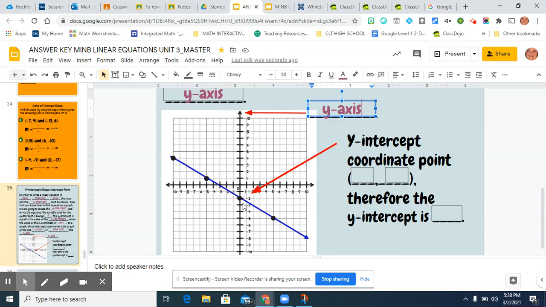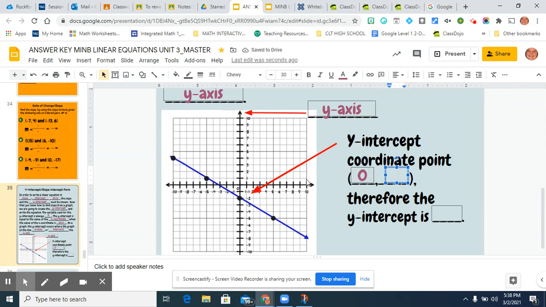We can see it's this point right here. And we just said that the value of x when you're on the y-axis is always 0. Think about it: x is about moving side to side. If you're on this axis that connects to the origin, you haven't moved at all side to side, so movement side to side is 0 units.